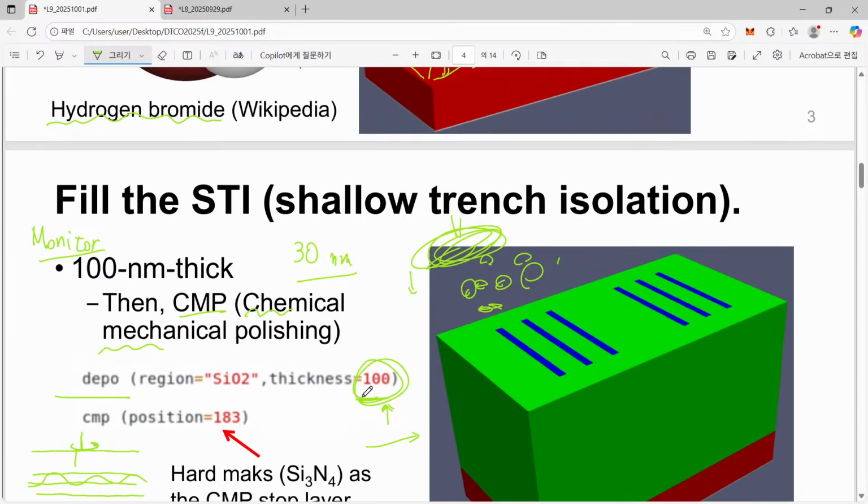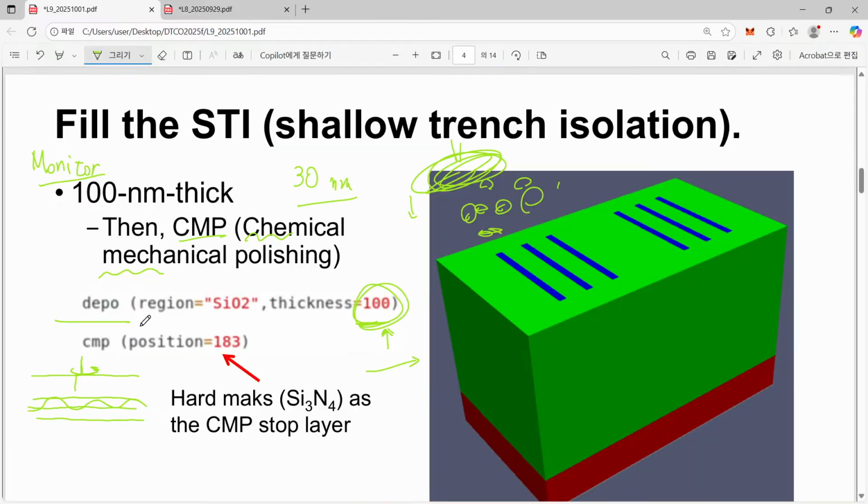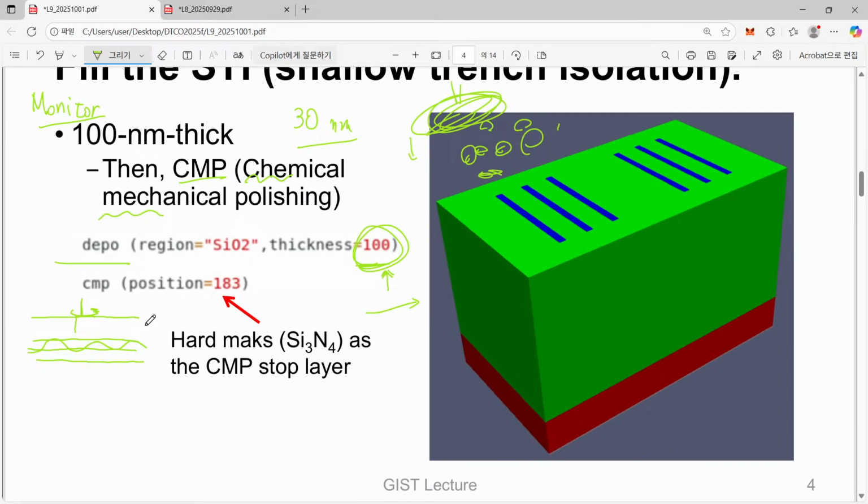So think about this one. Here let me just draw this cross-sectional view of our structure.